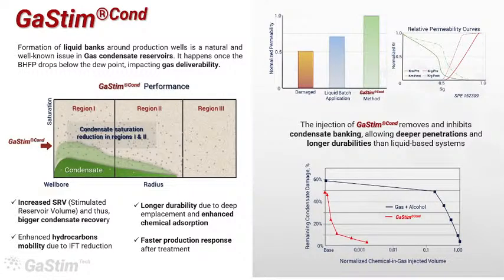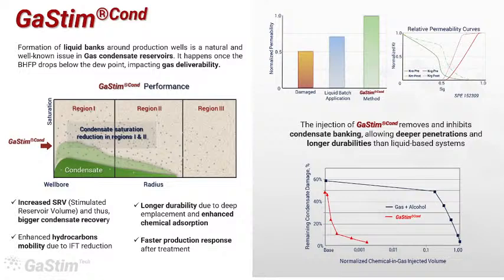And it happens because the pressure of the reservoir falls below the dew point. So, as the pressure falls, the saturation of liquid condensate starts to increase. And because of the drawdown and the pressure profile that is generated, this damage will be more severe in regions close to the wellbore.